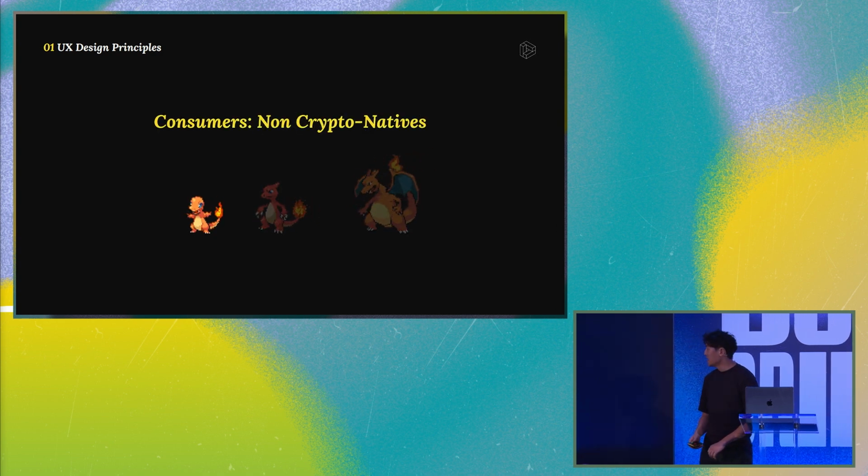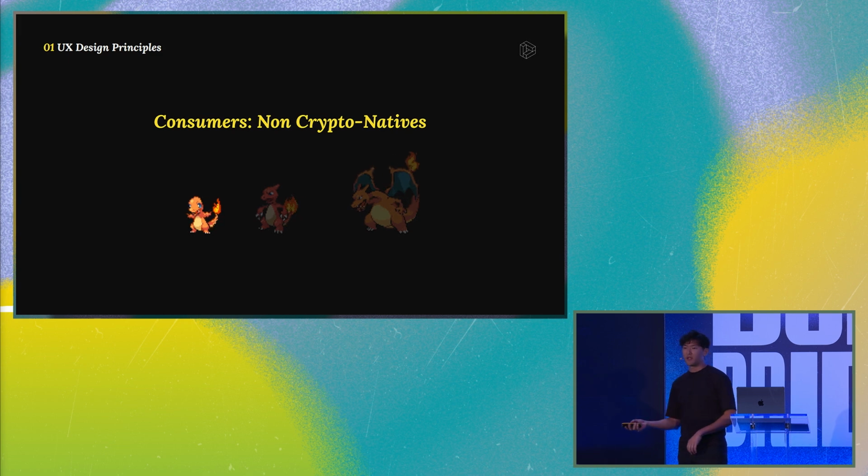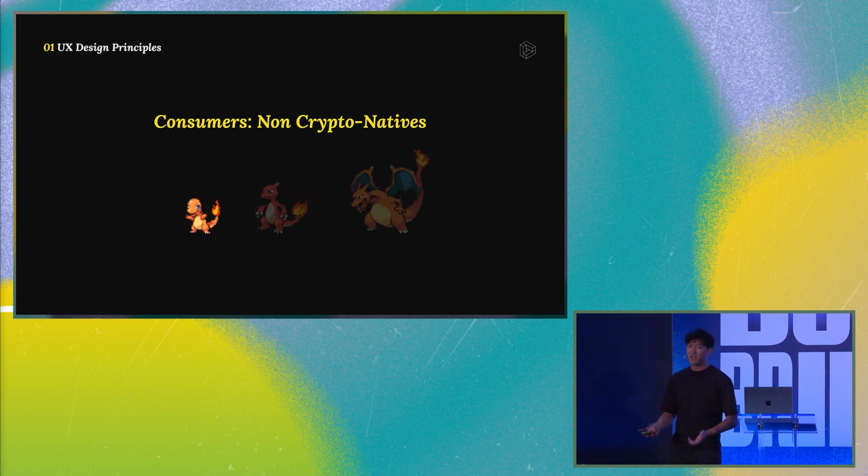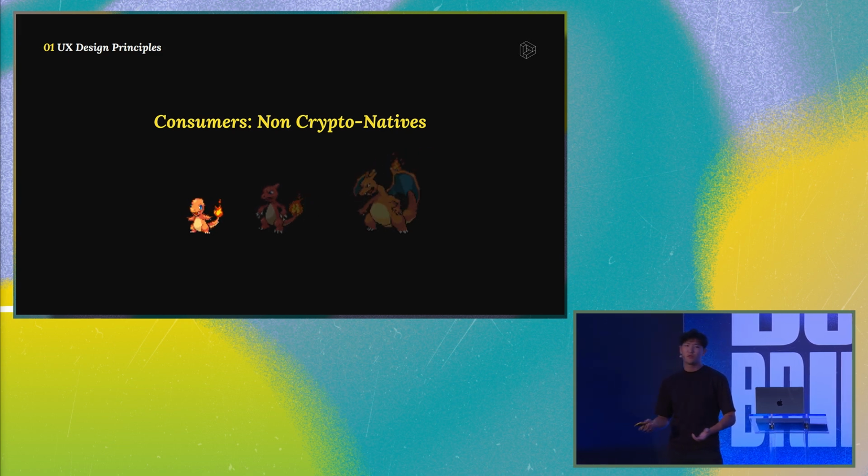The first is really non-crypto natives. These are users who may have bought crypto through Robinhood, Venmo, PayPal, or other Web2 applications. They might not necessarily know or care that your product is built on crypto rails.